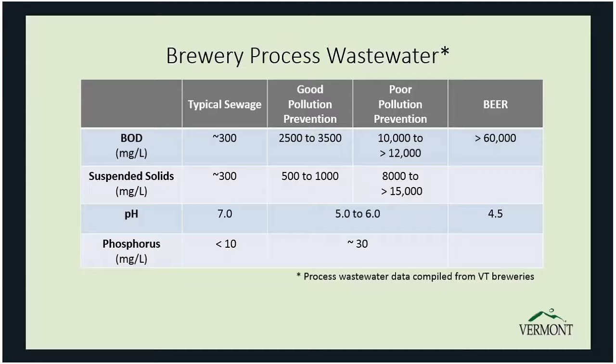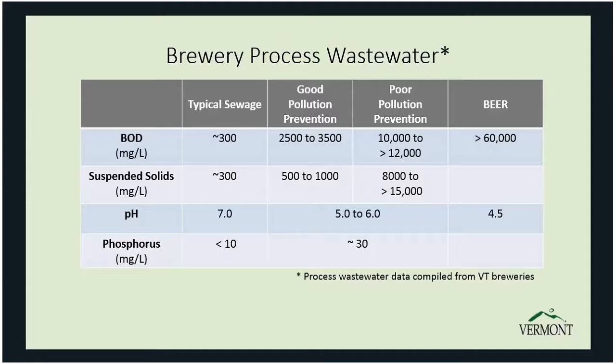And we'll get into that a little bit later, but you could see typical BOD for sewage water is around 300. Typical BOD of a pristine stream is about 1. And then you'll see these very high numbers across the board for wastewater from a brewery. Straight beer going straight down the drain has a BOD of greater than 60,000.